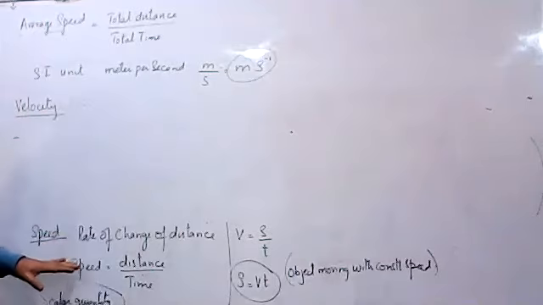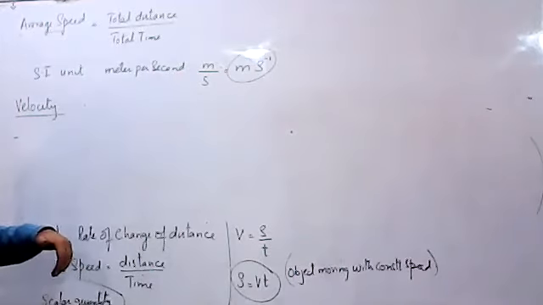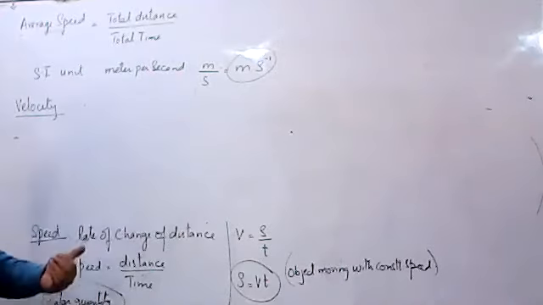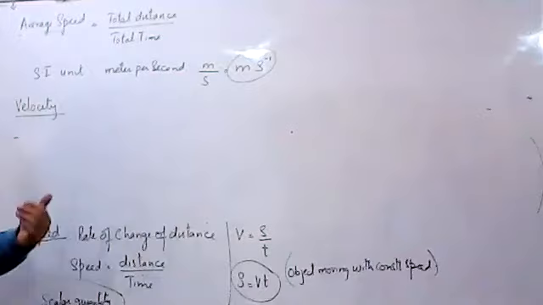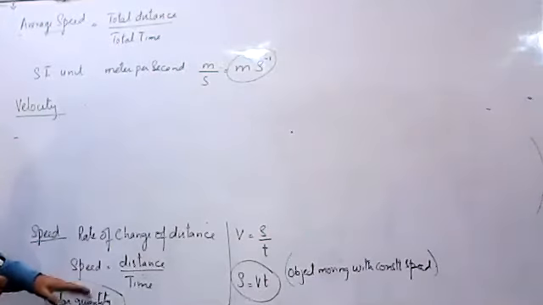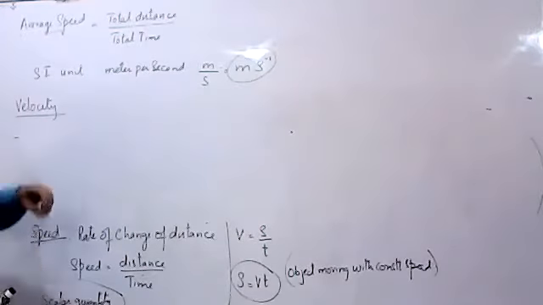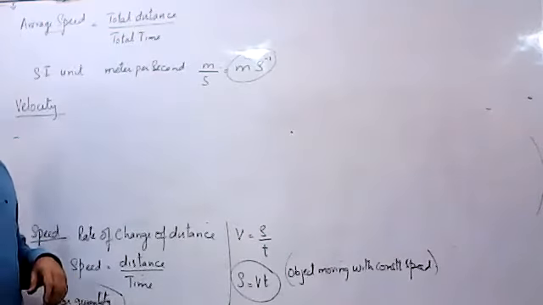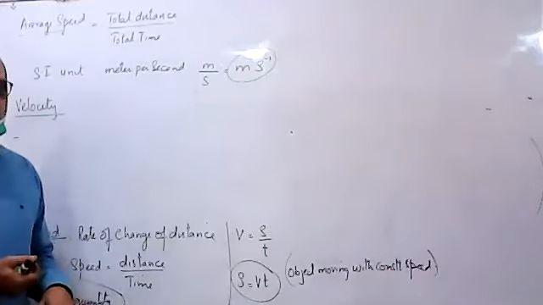So speed will always be positive, whether the object is moving away from you or towards you, or away from a point or towards a point, because it does not have direction. But velocity is a vector quantity. If we add direction to the speed, it is called velocity.